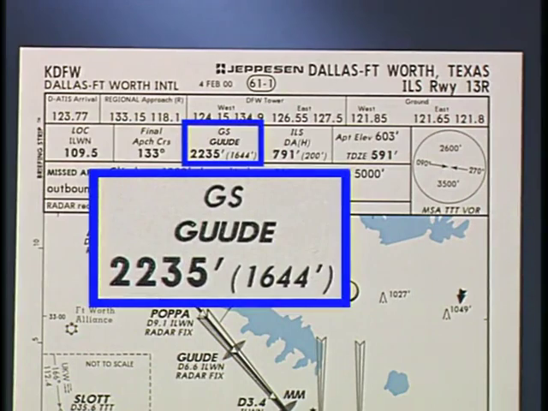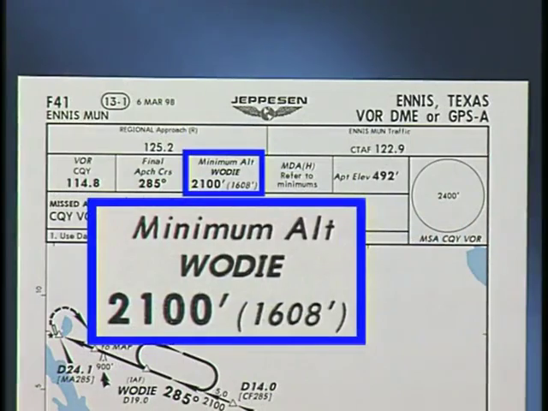Next is the key altitude information. For a precision approach, this is the glide slope outer marker altitude. For example, the glide slope altitude at Good, the outer marker, is 2,235 feet MSL. For a non-precision approach, it is the minimum altitude at the final approach fix.